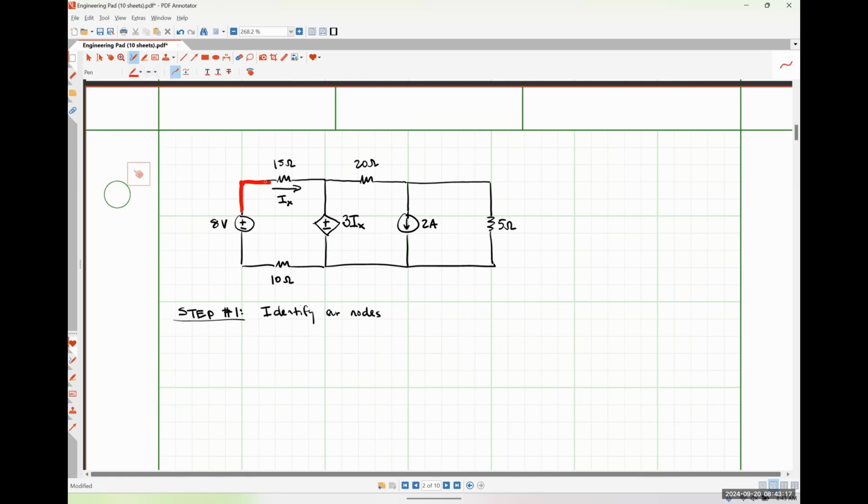So we've got this guy on the top left, this guy here, this guy on the top right, this guy down here, and then this guy down here.